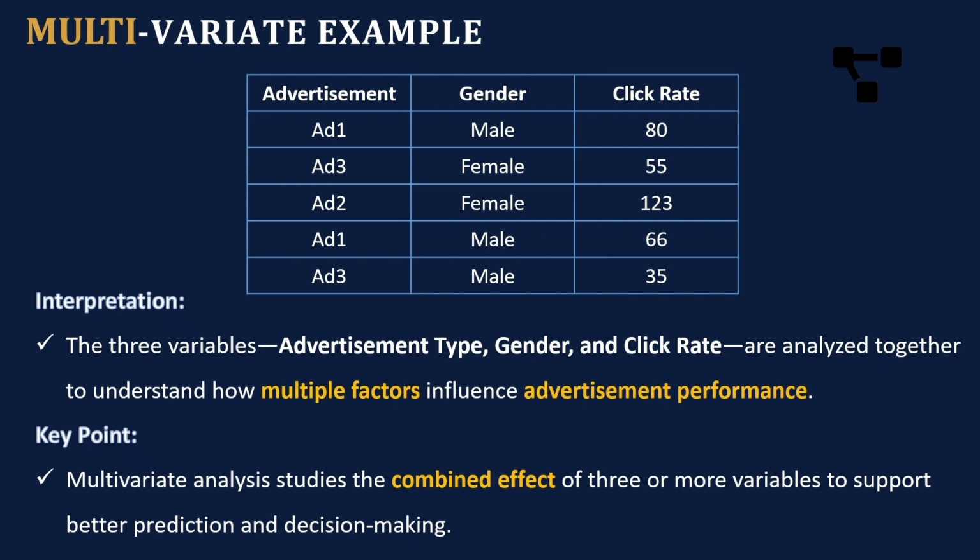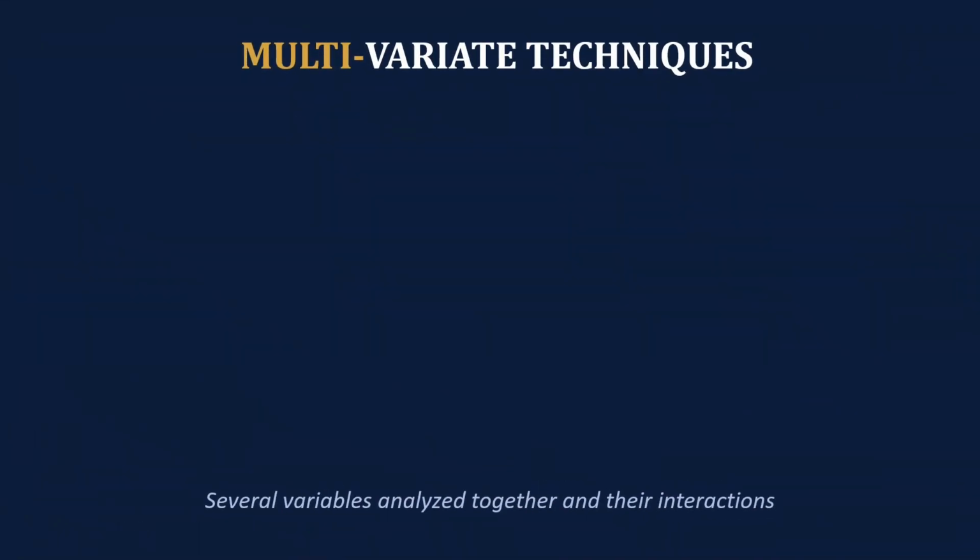By analyzing these variables, we can identify patterns such as which advertisement receives the highest click rate and which combination of advertisement type and gender produces the best response. This is the essence of multivariate analysis. It helps us understand the combined effects of multiple variables, leading to much more accurate predictions.